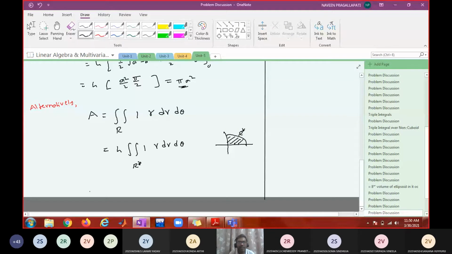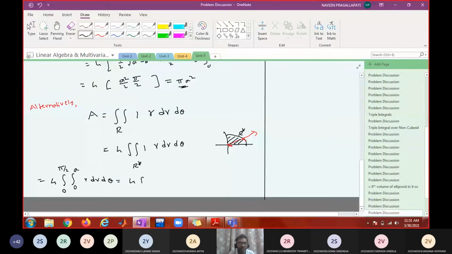So when you convert into polar coordinates, the limits will be 4 times 0 to a, because r equal to a. When you draw a ray from the origin, it starts from the initial point and leaves through the circle. So r varies from 0 to a and theta varies from 0 to pi by 2, because it is only 1/4 of the circle, r dr d theta.